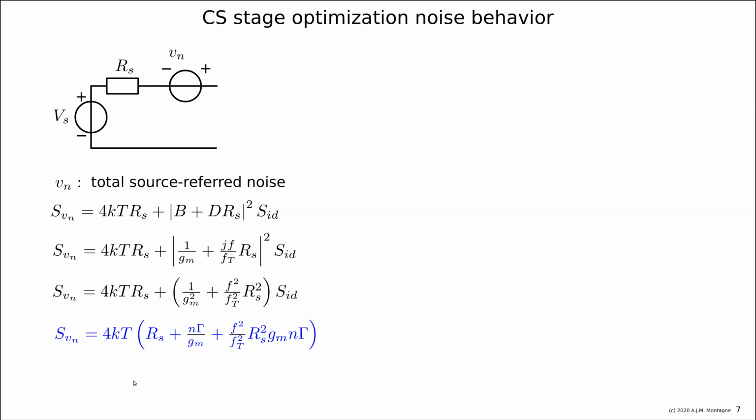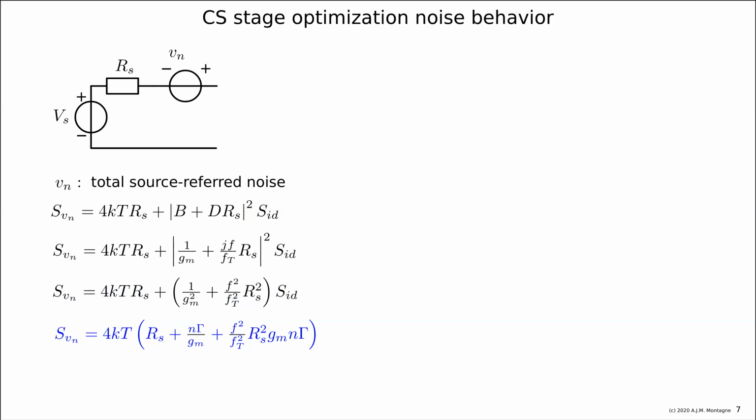So here we find 4kT times the noise of the resistor itself, and gamma divided by GM, which is a kind of resistance that equals approximately 1 over GM. So you can already say you put 1 over GM in series with the signal path. And here is a high frequency part, a high frequency part due to the gate-induced noise.